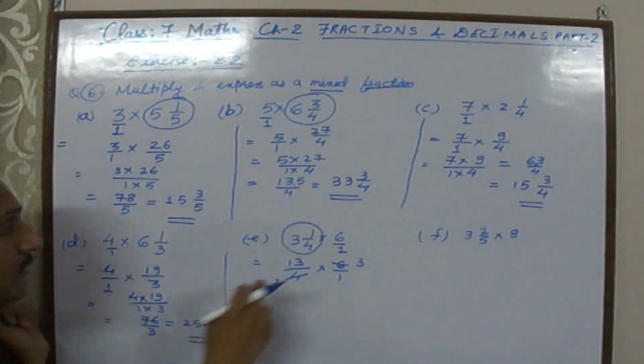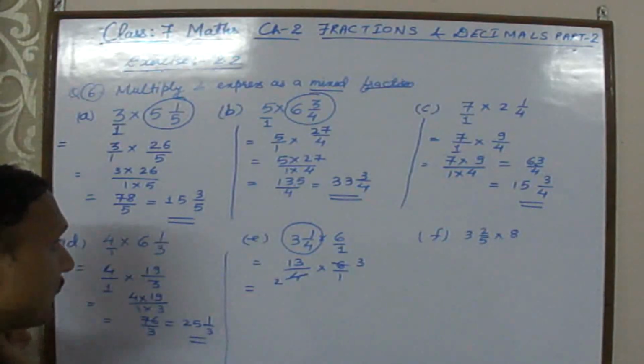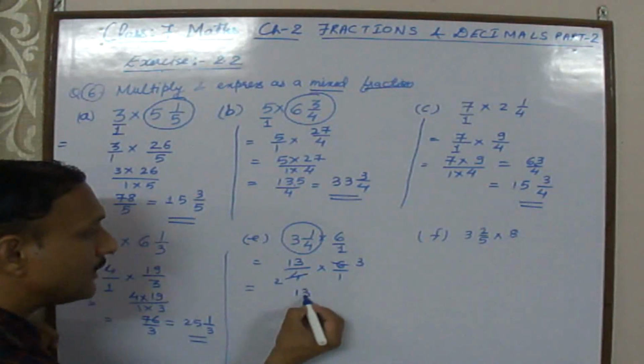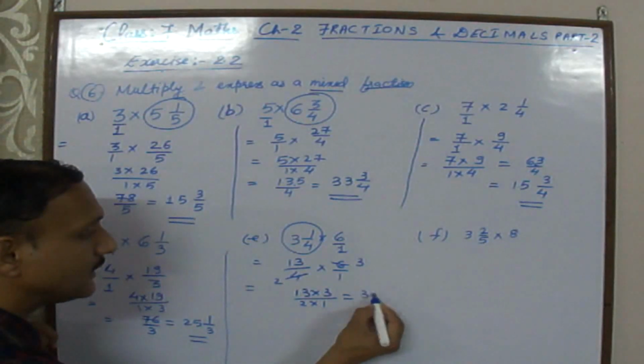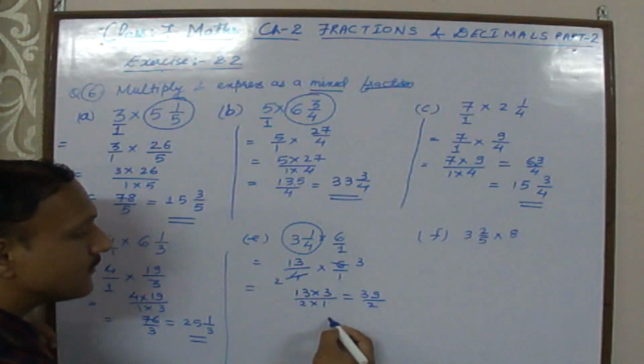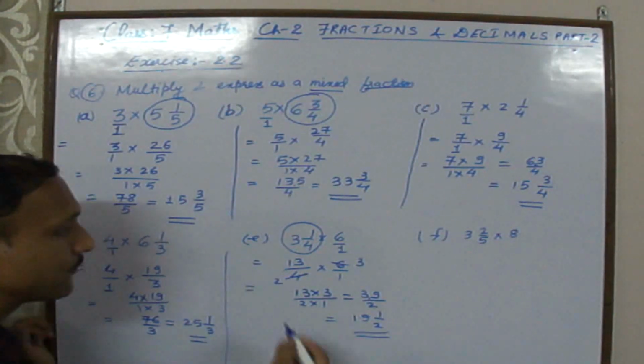But here 2 threes and 2 fours both come in the table of 2, so let's simplify. Now multiply numerator with numerator and denominator with denominator. 13 threes are 39, 39 by 2. Convert to mixed fraction: 19, 1 by 2.